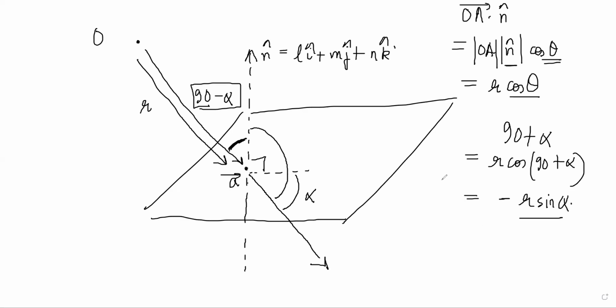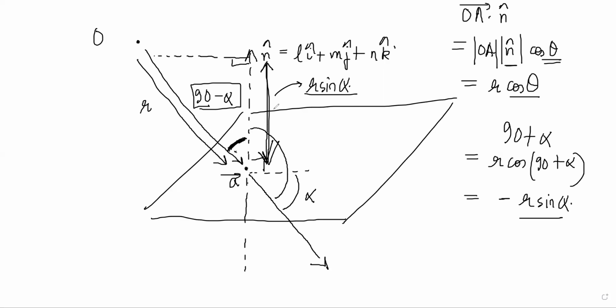And r sine alpha, if you see in this right angle triangle, cos 90 minus alpha is sine alpha. So this distance is basically r sine alpha, because cos of 90 minus alpha is sine alpha.